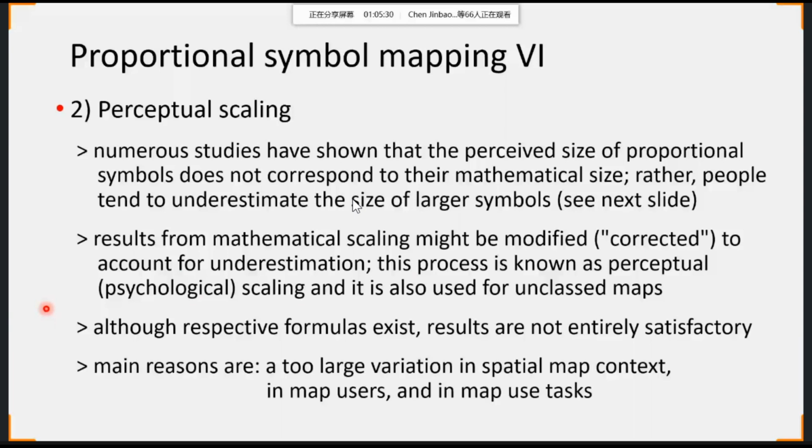The main reasons for this situation are a too large variation in spatial map context, in map users, and in map use tasks. So there is not one single ideal formula that you can use. In fact, you have to use different formulas depending on this context, which makes it more difficult.